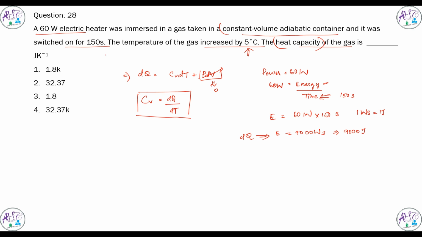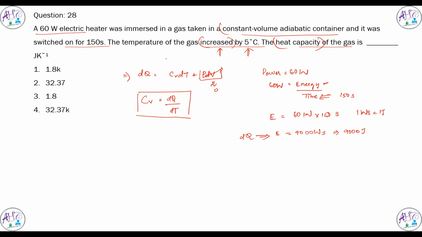And what they have said is there is an increase in temperature by 5 degrees Celsius. They have mentioned the word increase. They haven't given a direct temperature. If they had given a direct temperature, then you would have to add 273.